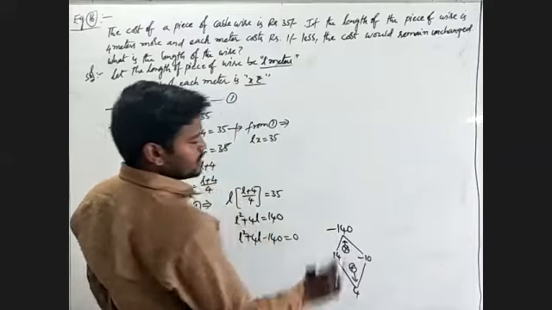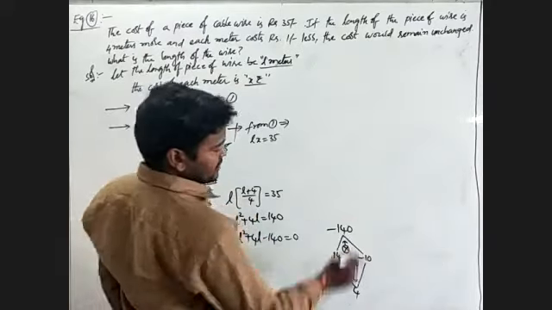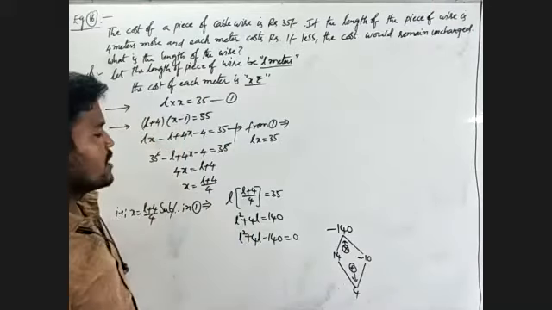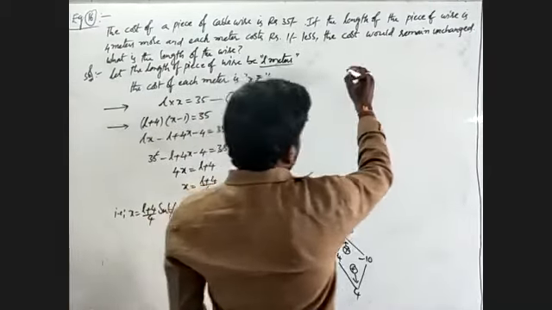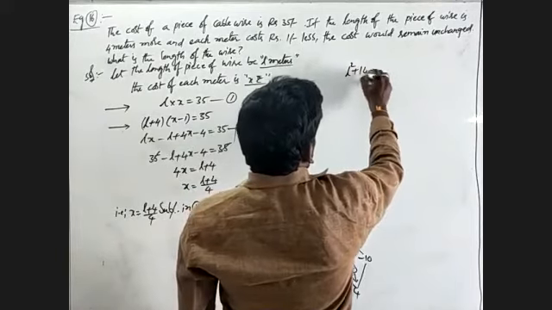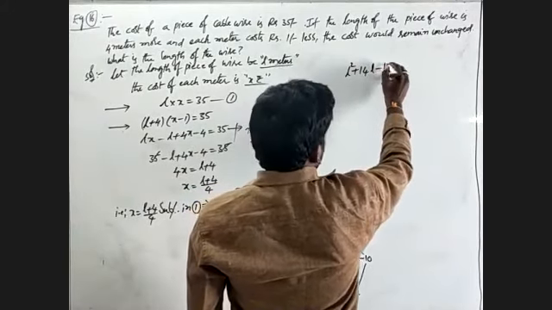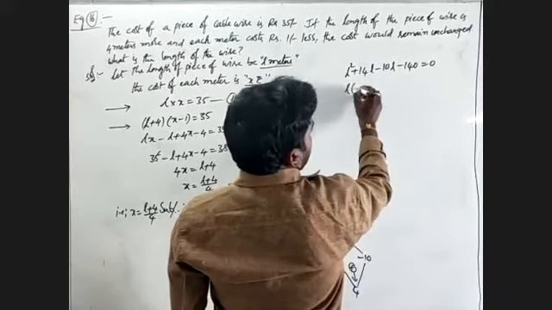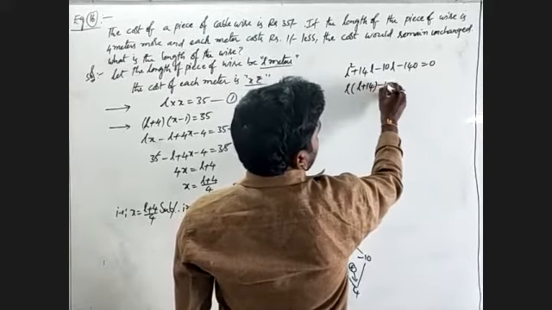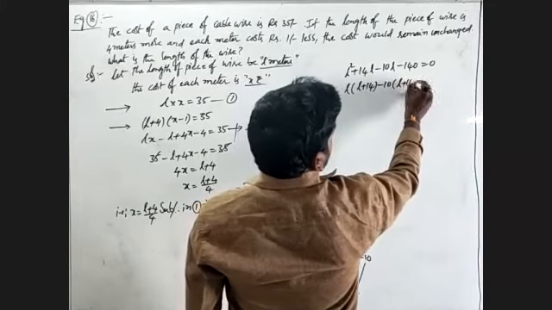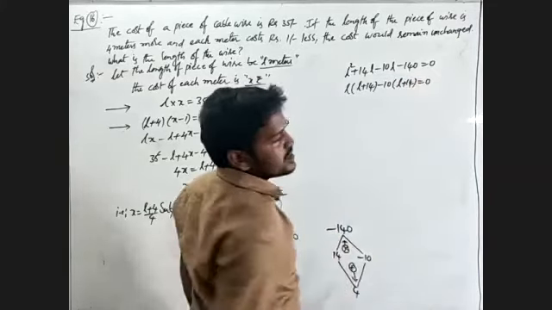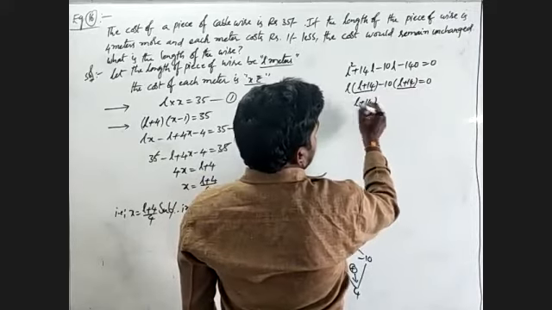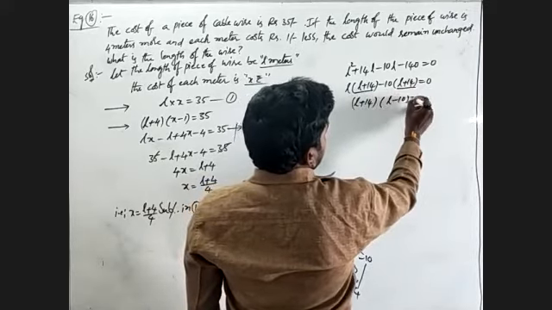Plus into minus will become minus, 14 tens are 140, and 14 minus 10 is 4. Then L square plus 14L minus 10L minus 140 is equal to 0. I take L common, remaining L plus 14. Minus 10 is common, remaining L plus 14. The common term is L plus 14, so L plus 14 into L minus 10 is equal to 0.